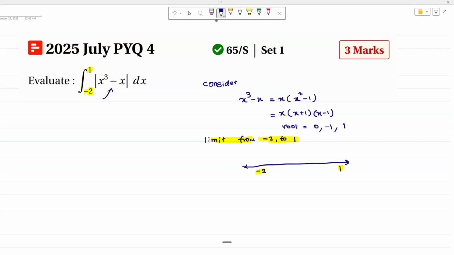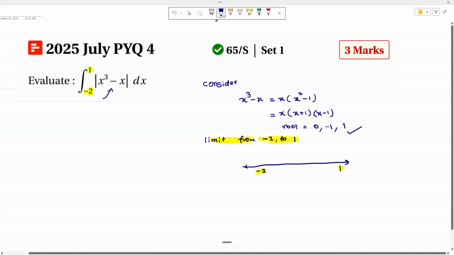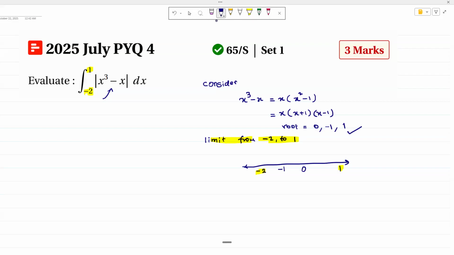And then look at the root values; these I am marking here. Which one comes first after -2? -1, and then 0, and the next one is already there. So that means we can make this partition number 1, this partition number 2, and this one partition number 3. Okay, let's break down into these parts according to this real line diagram.